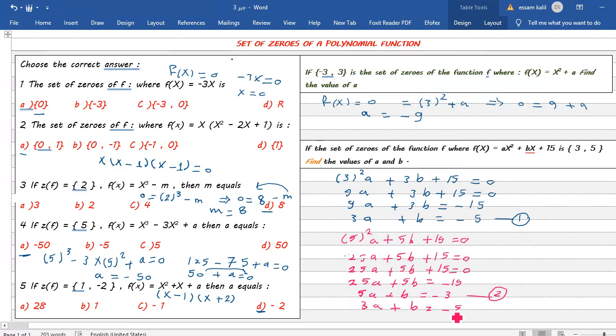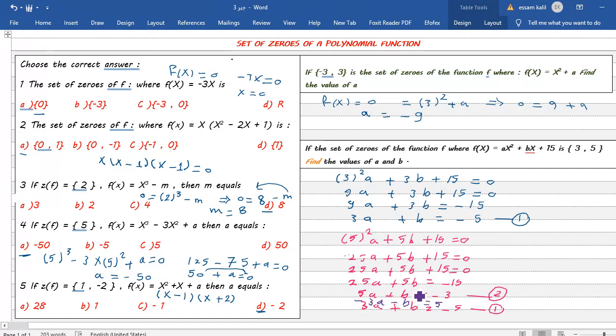Multiplying the first by negative 1 will become negative 3a minus b equals 5.